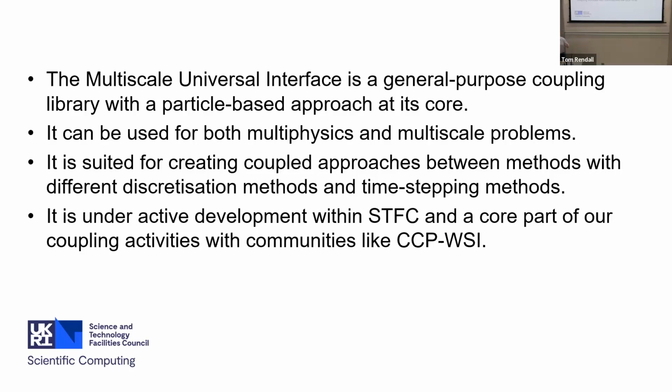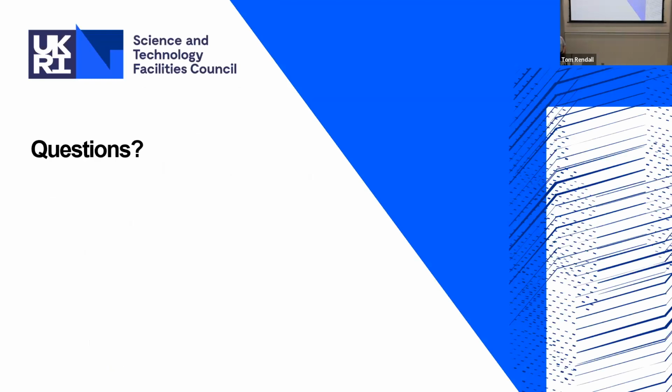You might do all of that within your own code and simply use MUI to push data directly without any interpolation at all, but it can be used directly with an SPH code. It can be used for both multiphysics and multiscale problems. It's suited for creating coupled approaches between methods and different discretization methods and time-stepping methods, and it's under active development. Any questions? Thank you.